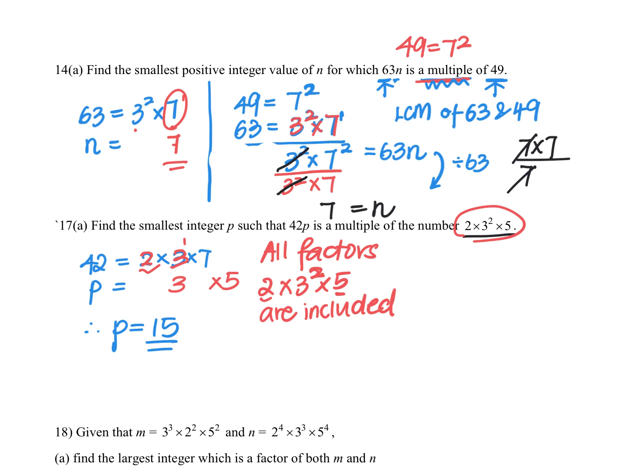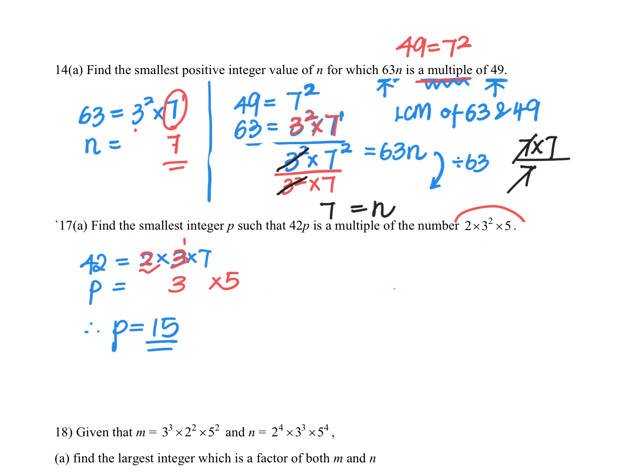Now we can try the other, slightly longer method, with no observation, by the lowest common multiple method. So let's take a look. If I want 42p to be a multiple of this number, I'm going to look for the LCM of these two numbers. So I have 42, which is 2 times 3 times 7, and I have the number itself, 2 times 3 squared times 5.